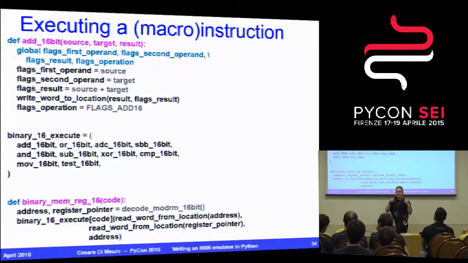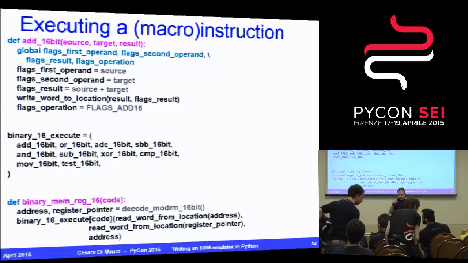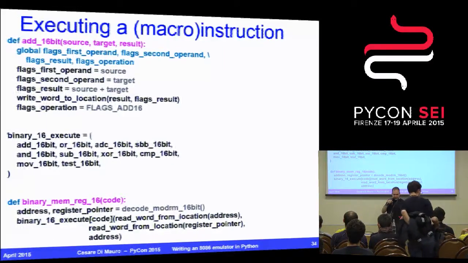Then it reads their values and sends them and the address to the real function, which is stored in the code variable. It means for an addition, we will call the add 16-bit function. That's the real function which does the real work. And it's pretty simple for the addition.